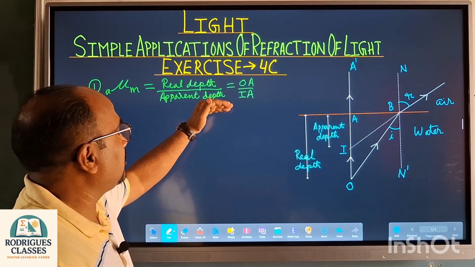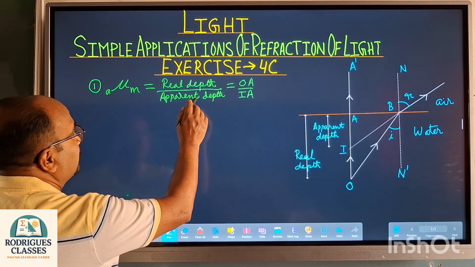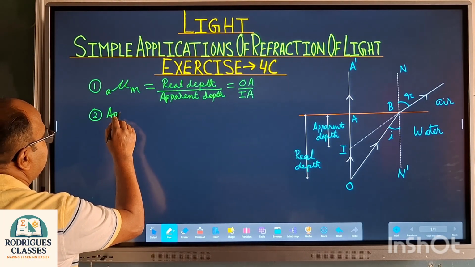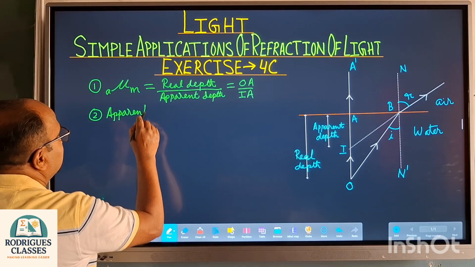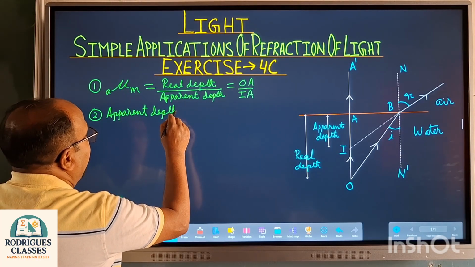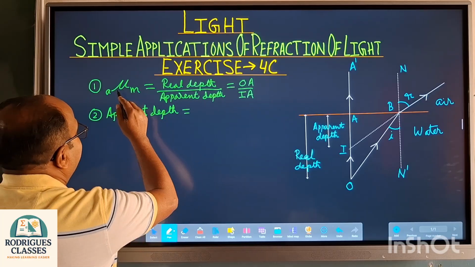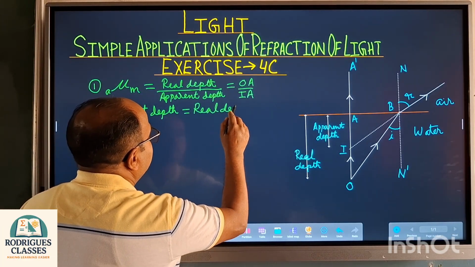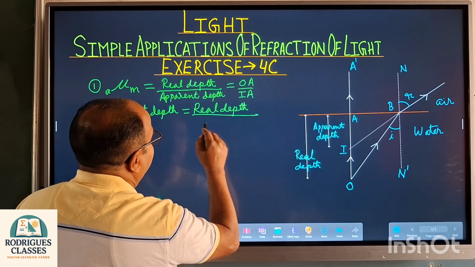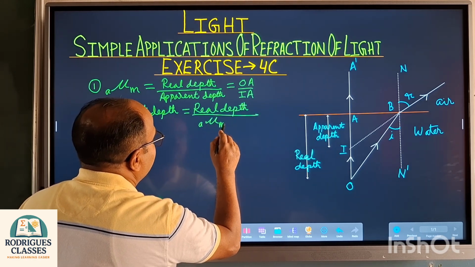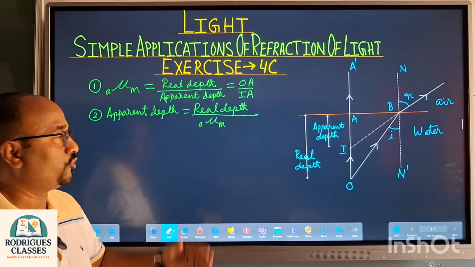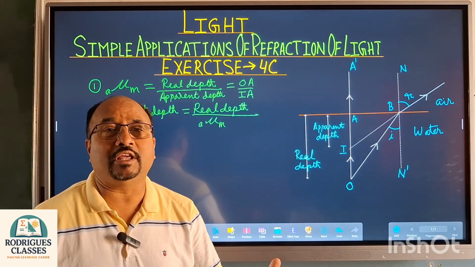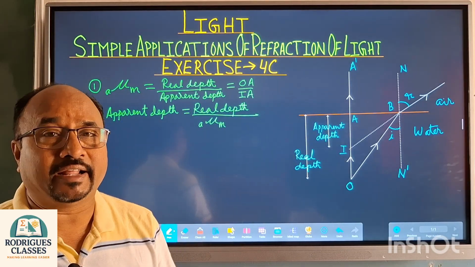Now from here we can relate how the apparent depth is related to the refractive index. Apparent depth will be equal to, the refractive index comes here, apparent depth goes here, so it is real depth by the refractive index of the medium with respect to air. You can see it is coming in the denominator. It means apparent depth will be inversely proportional to the refractive index of the medium.